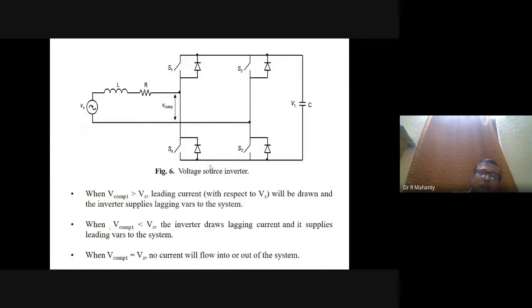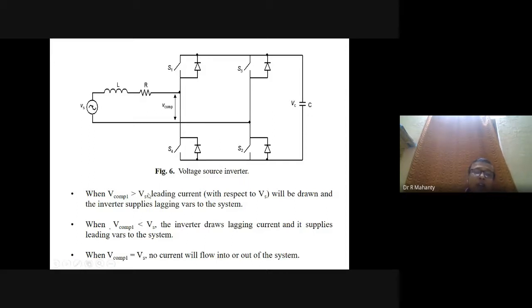Now let us see how this voltage source converter can supply the reactive power. Here in the diagram, we have a voltage source converter, and at the DC end, we have a pre-charged capacitor.